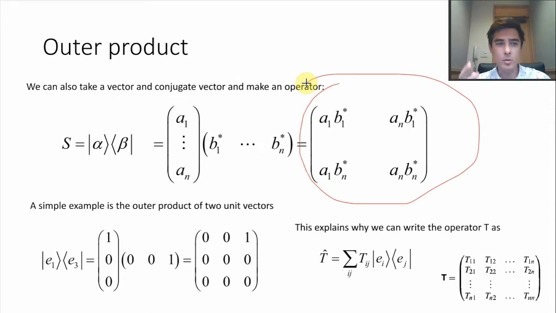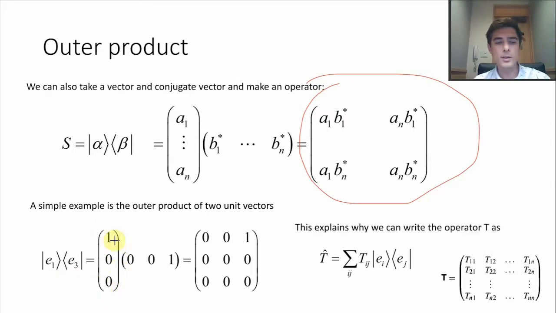This is in contrast to an inner product, which gives you a single number, a scalar, when you take the inner product between two vectors. So these were some examples. If you had two vectors, say E1 and E3, these are your basis vectors in, say, a three-dimensional space.